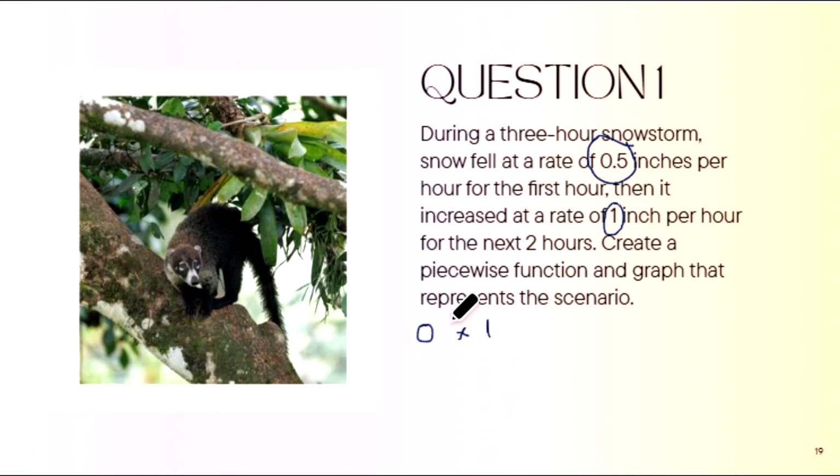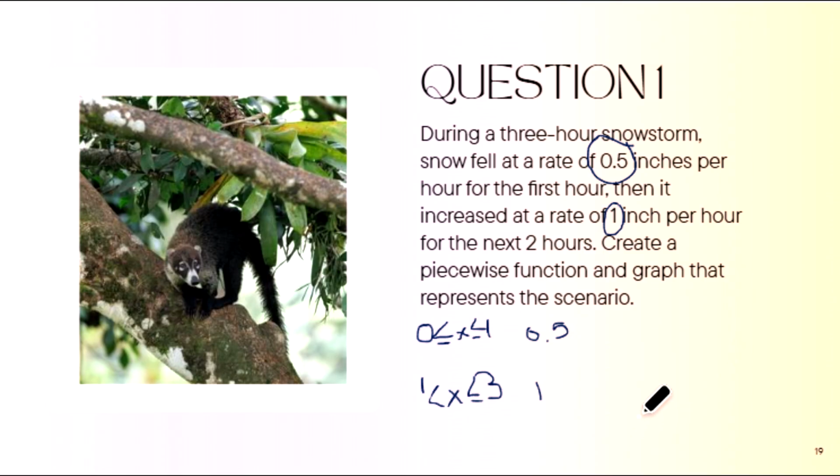So when x is greater than or equal to 0 and less than or equal to 1, m is going to be 0.5. And then for the next 2 hours, we have 1 to 3 with x in the middle. 1 got included up here, so it can't be included here. 3 is included here, and m is going to be that.